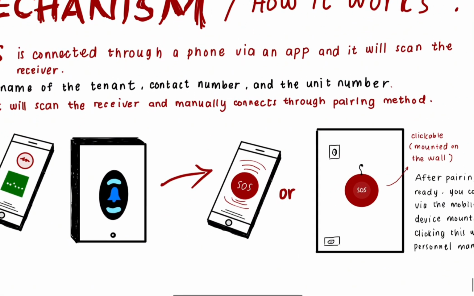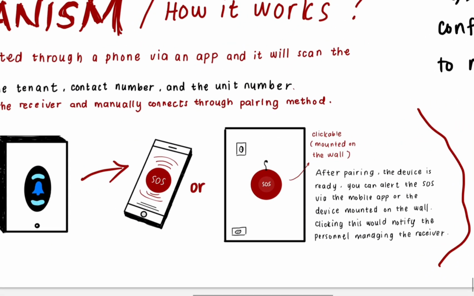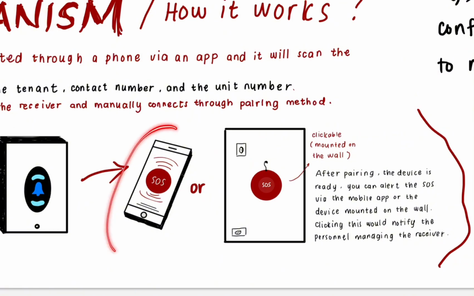And then right after that, right after the pairing, the device is ready and you can alert the SOS via the mobile app or the device mounted on the wall. So it could be accessed through your mobile phone, at kapag hindi naman, mayroong designated na device na pwedeng isabit sa mga walls natin na kung saan naaabot ng kung sino man, reachable ng kung sino man, mapabata man or matanda.